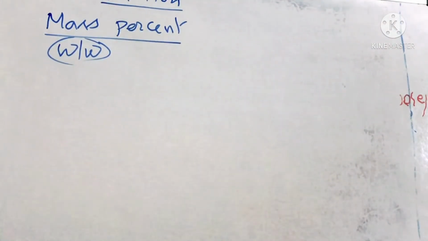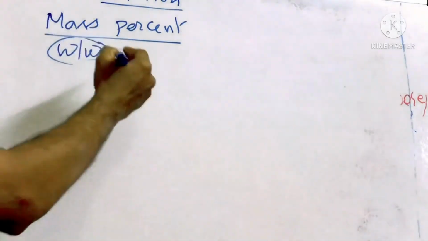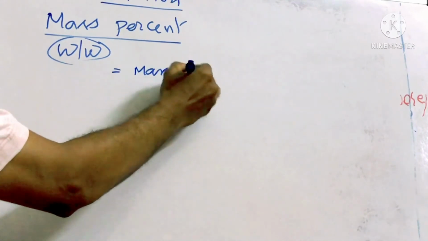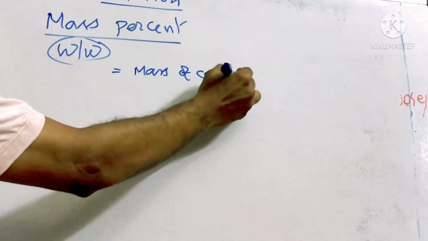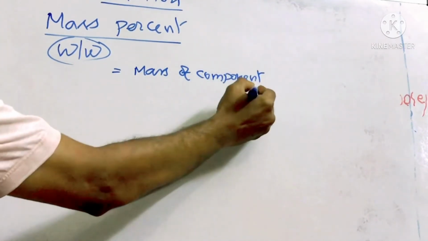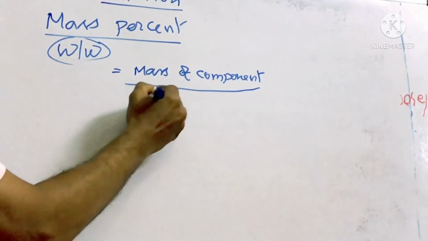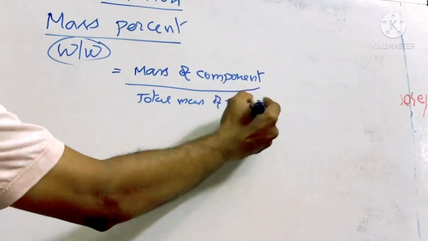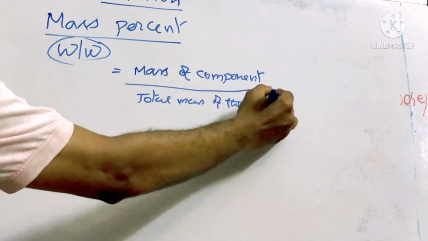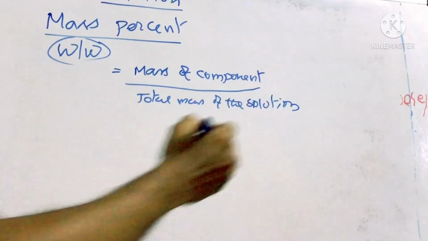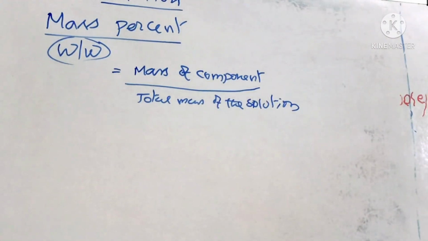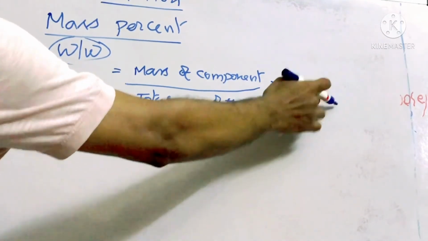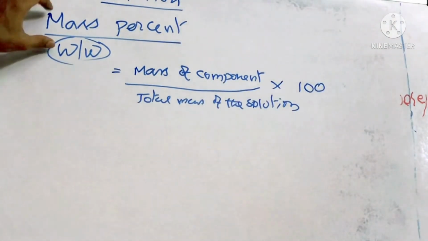So we can write the mass of the component by the total mass of the solution, you can take even the solvent or solution, multiplied by 100%. So this gives mass percent.